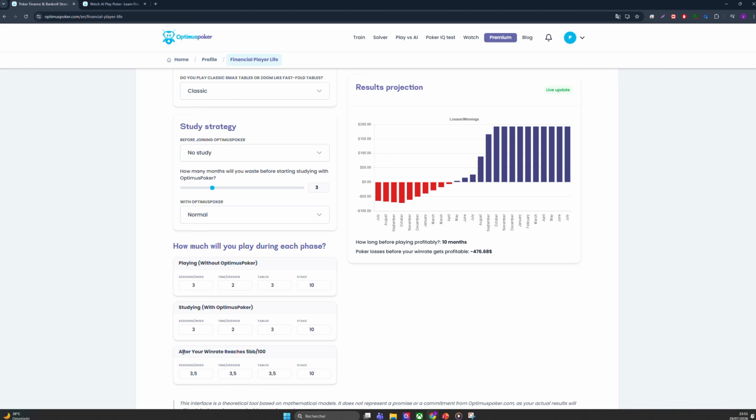And then there's a period where he's already profitable. He's got a win rate of above, in this example, 5 BB per 100. So he's a consistent winner. And during this period, he's going to increase his volume.